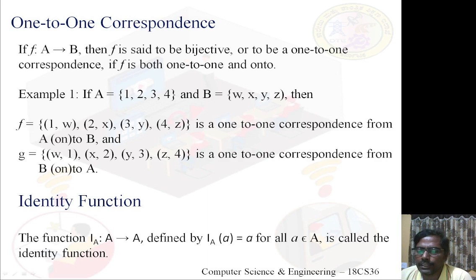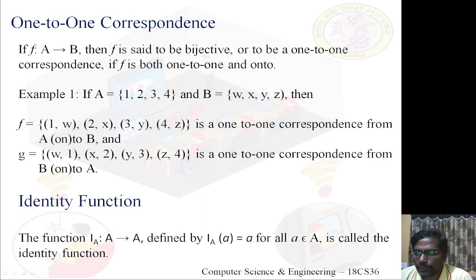Now let us know what is an identity function. See, an identity function, denoted IA from A to A, is one in which all elements of A are related to itself. I repeat, all elements of A are related to itself. Then such a function we call identity function.